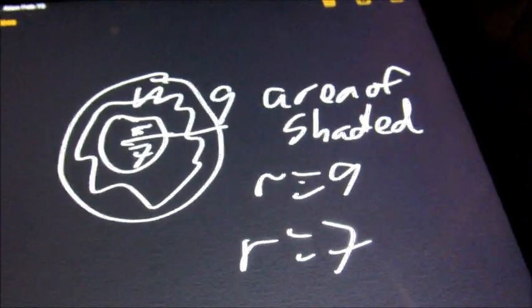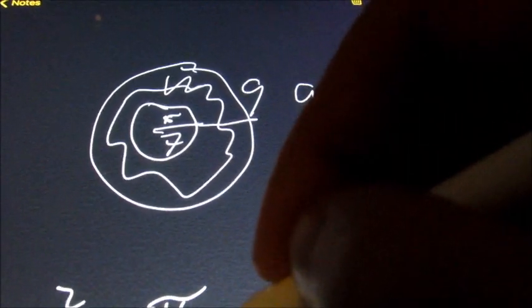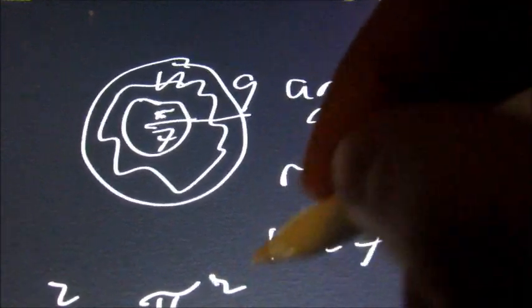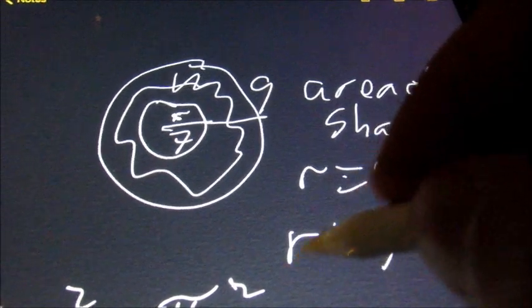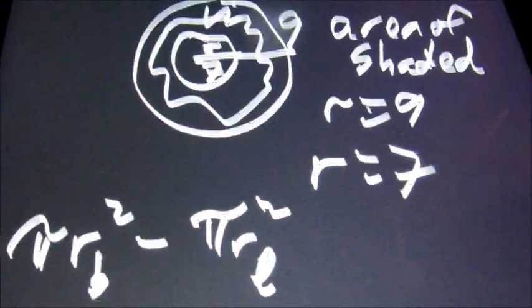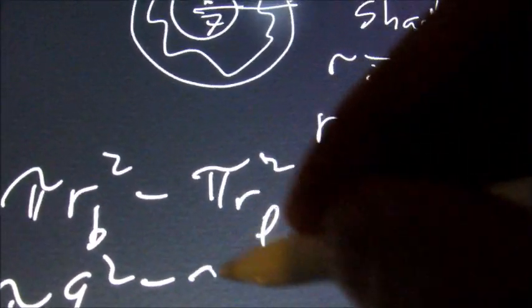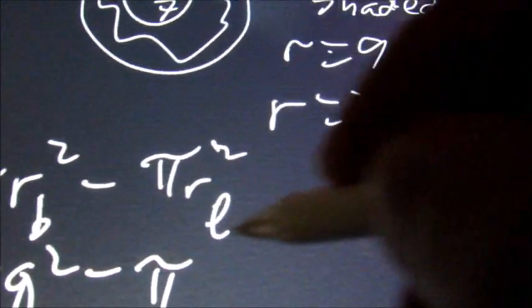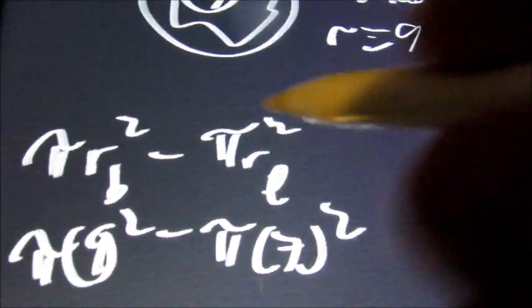So what we're going to do is do pi r big squared minus pi r little squared, and find the answer to that. So we're going to say pi, and the radius of the big one is 9 squared minus pi times 7 squared.